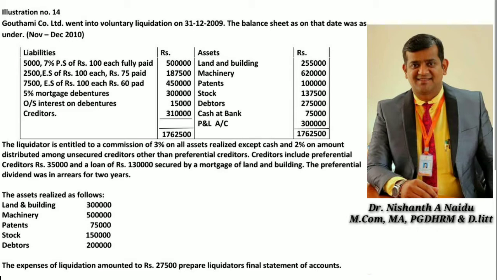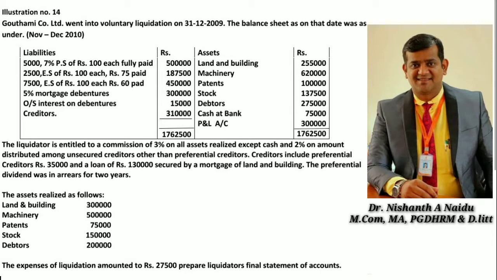Liabilities: 5,00 7% preference shares of rupees 100 each fully paid, 5 lakh rupees; 2,500 equity shares of rupees 100 each, rupees 75 paid, 1,87,500; 7,500 equity shares of rupees 100 each, rupees 60 paid, 4,50,000; 5% mortgage debentures 3 lakh rupees.